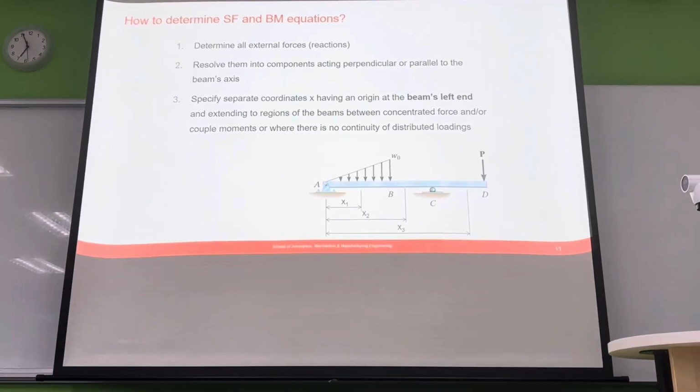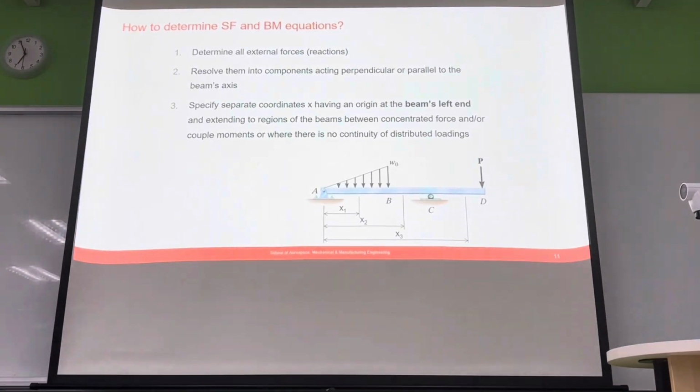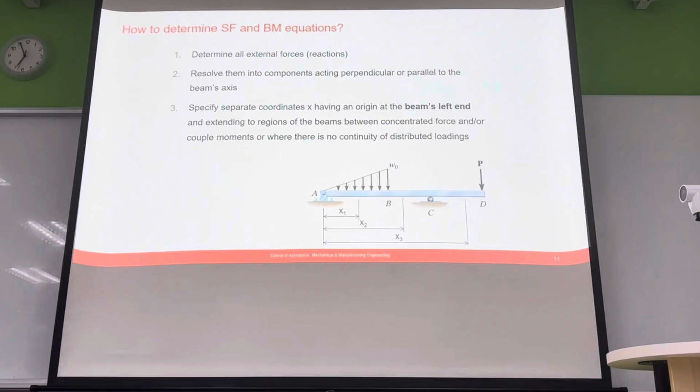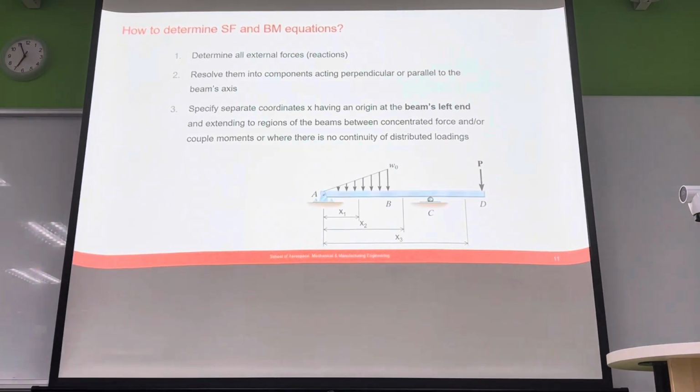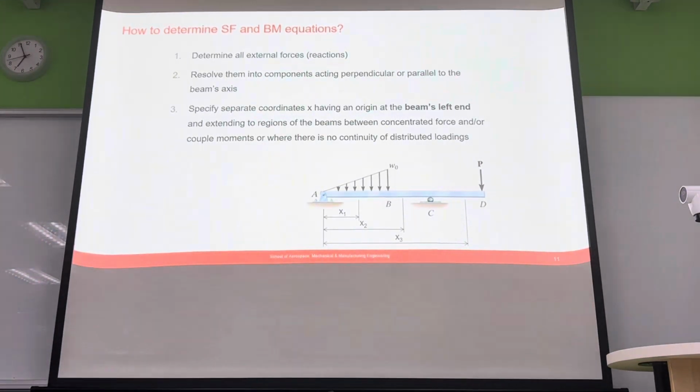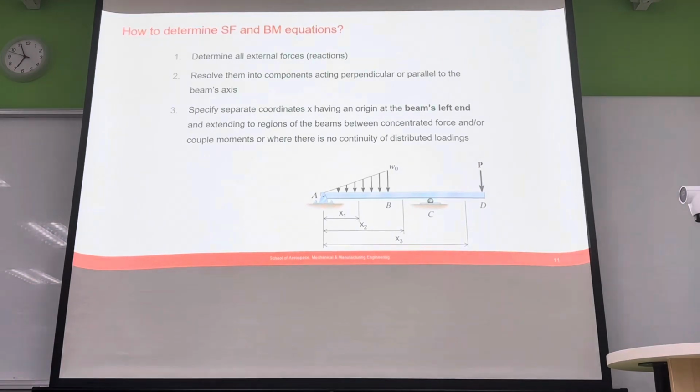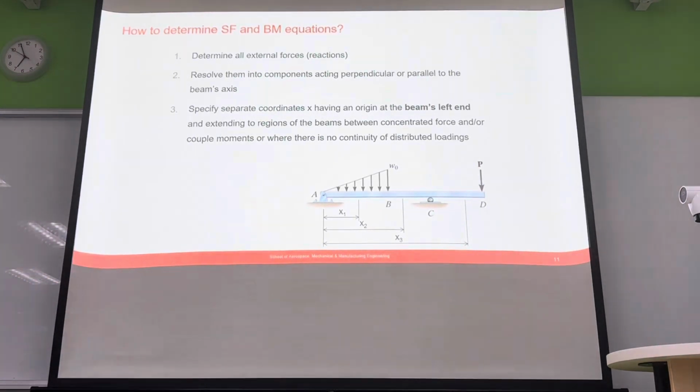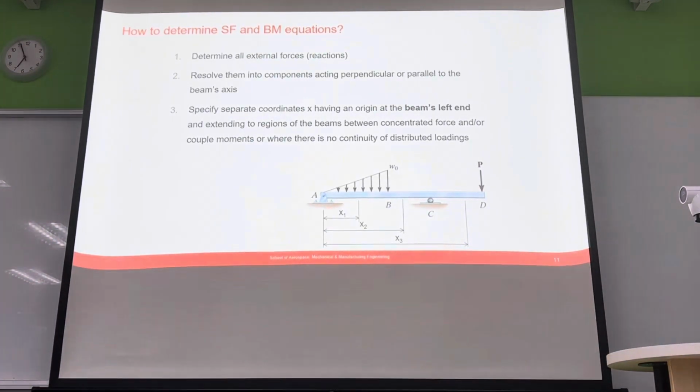So the general process for this. Whenever you're faced with a problem like this, we have external loads that are applied. We also have points where it's being reacted to. If this was just free floating in space, and I applied some sort of distributed load here and a local point load here, and I didn't have these supports, it would just accelerate through space. So we need to have some sort of reactions to it.